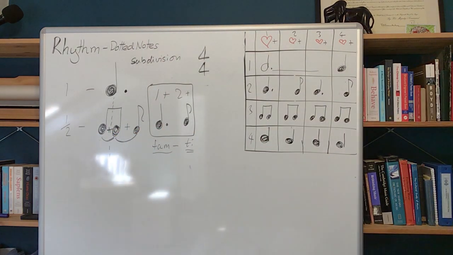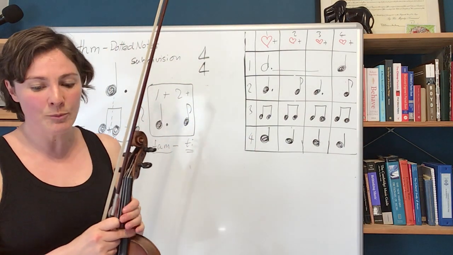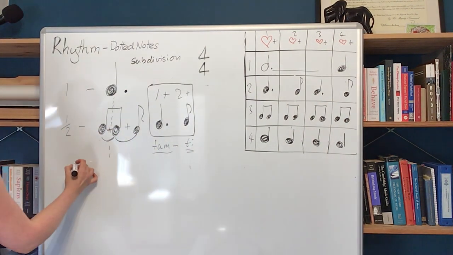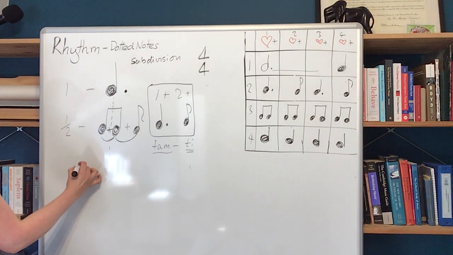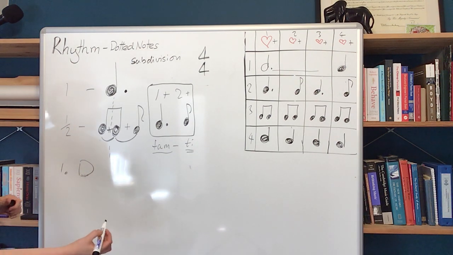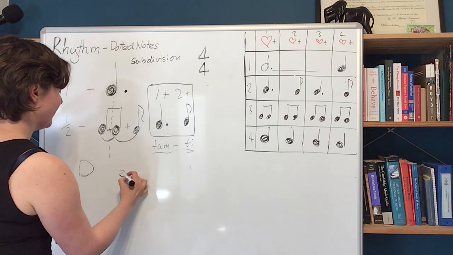So we're going to run this through a few times. First time we are going to use, I'm just going to do it on an open D. Okay, you can choose whatever you want to, but if you want to just start on an open string, that's fine.